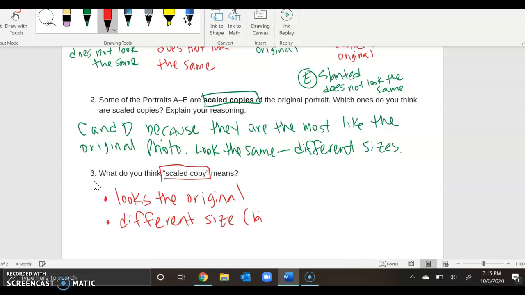It can be bigger or smaller. And then we do not want it to be stretched or kind of distorted.